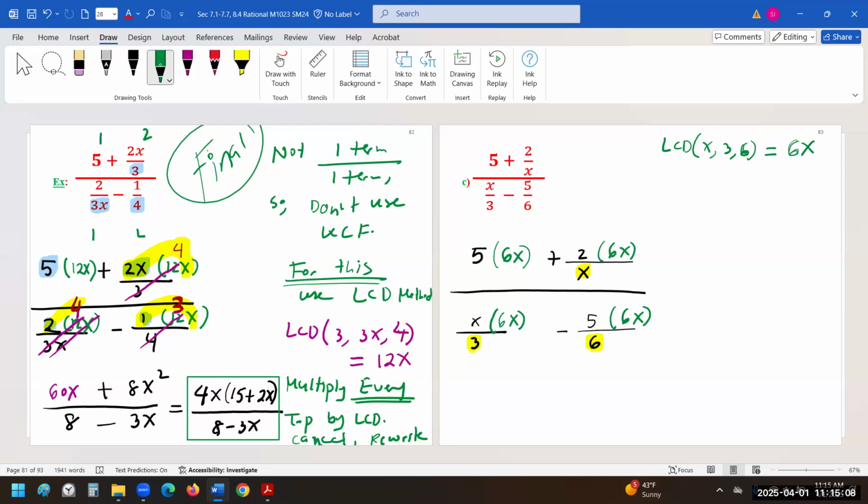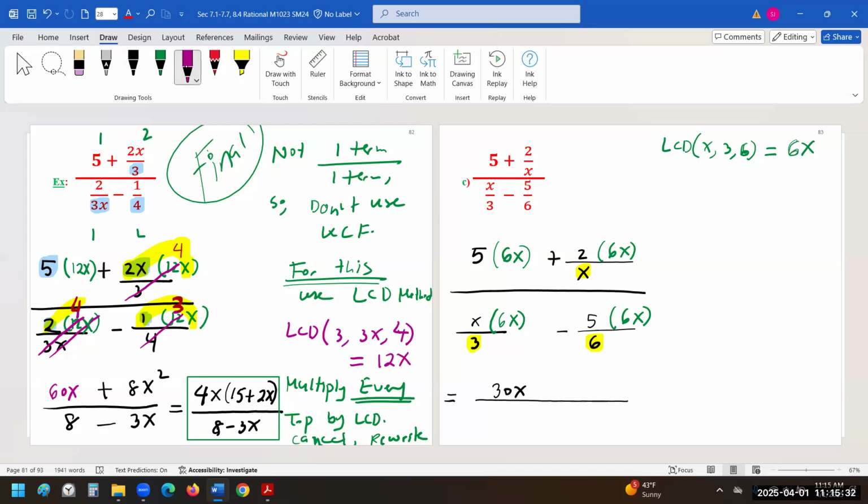The purpose behind multiplying the numerator is to cancel the individual denominators. So 5 doesn't have any denominator. We are safe. We only multiply 5 and 6x. What do we have? 30x.